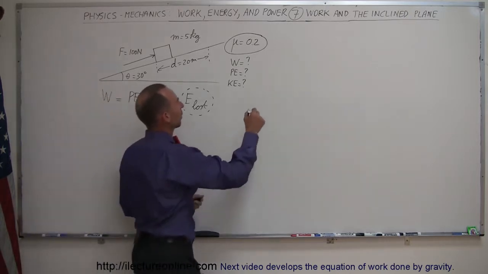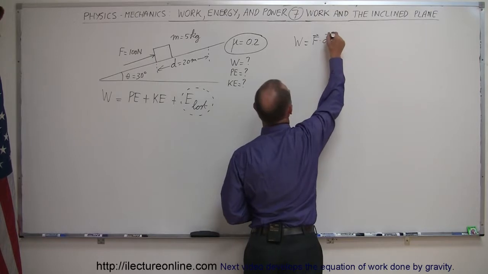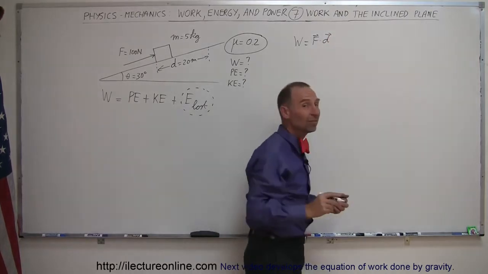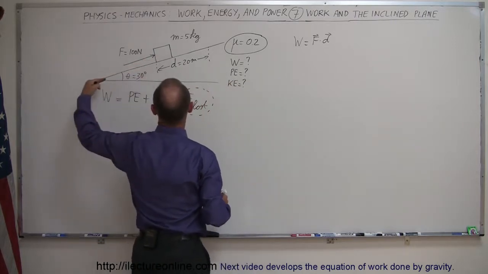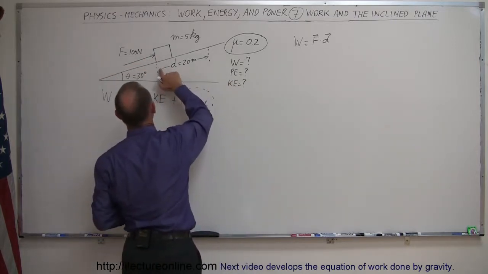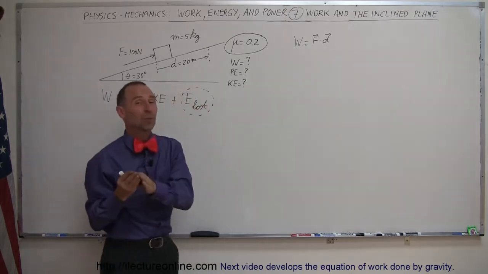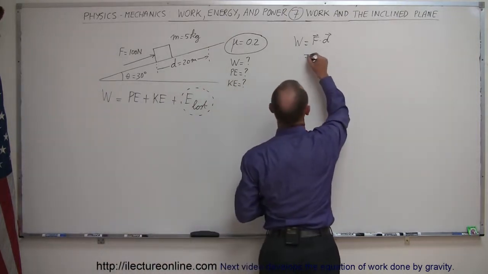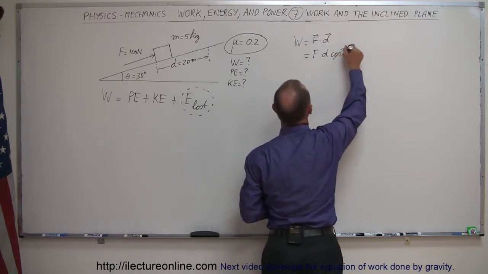And we can say that the work performed is equal to force dot displacement. Again, these are vector quantities, and we have to use a dot product. But since the direction of the force and the direction of the displacement are both in the same direction, that means the angle between them is 0, and this becomes F times D times the cosine of the angle theta, which of course is 1.